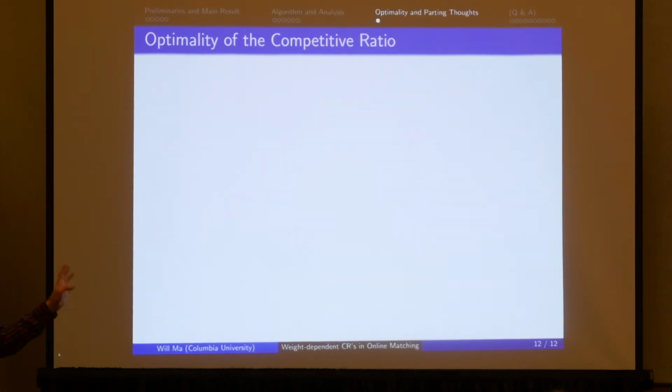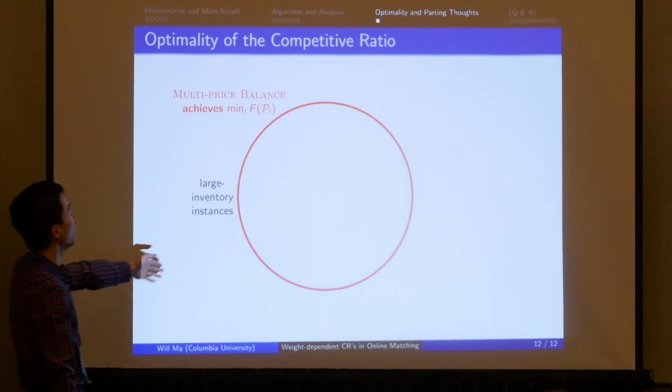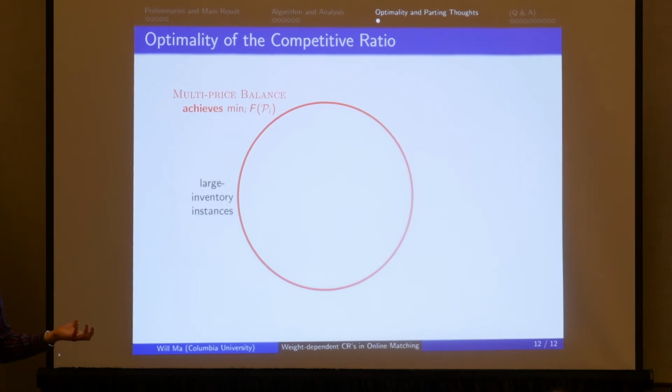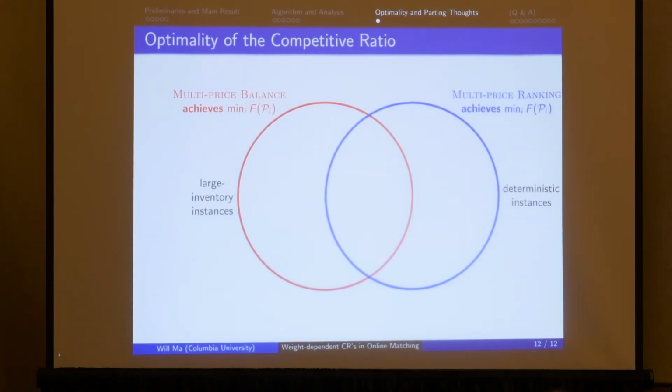Okay, so let me just conclude by summarizing all of our results. I just showed you how the multi-price balance algorithm works, and I told you earlier that this achieves a competitive ratio of min over i of f of pi for large inventory instances. I did say at the start we have this other algorithm, multi-price ranking, which gets the same competitive ratio for deterministic instances.